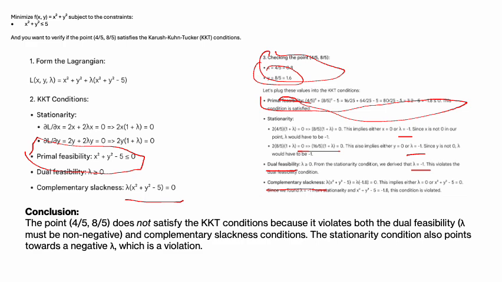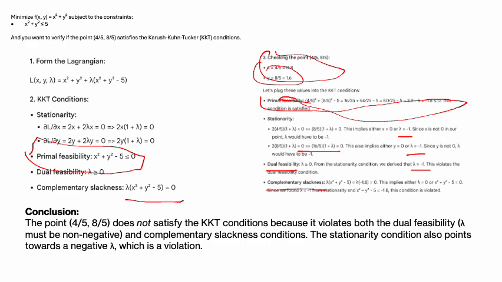This implies either lambda is 0, and we found that lambda is minus 1. So we can see that x squared plus y squared minus 5 equates to minus 1.8. So basically this condition is also violated, which means that (4/5, 8/5) doesn't satisfy the KKT conditions because it violates all of these.